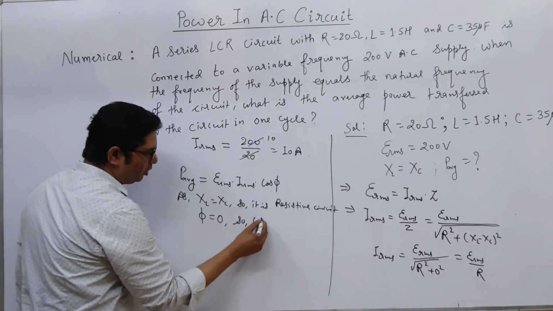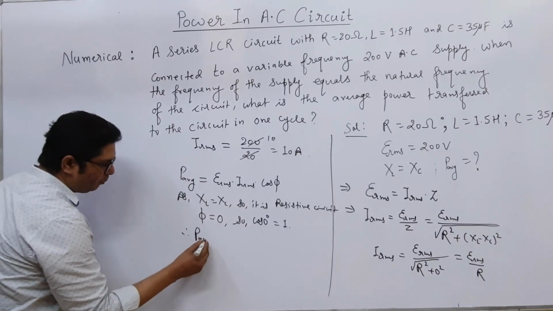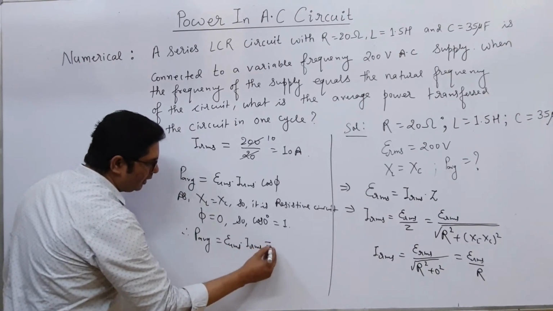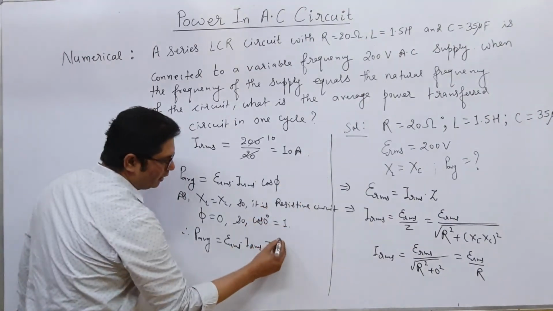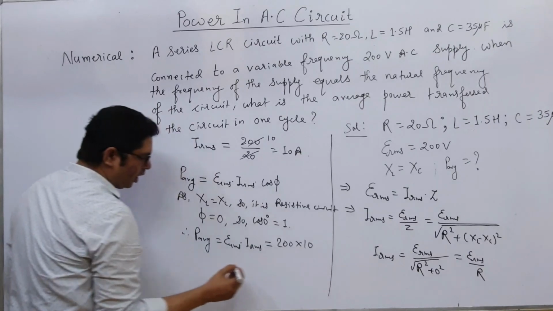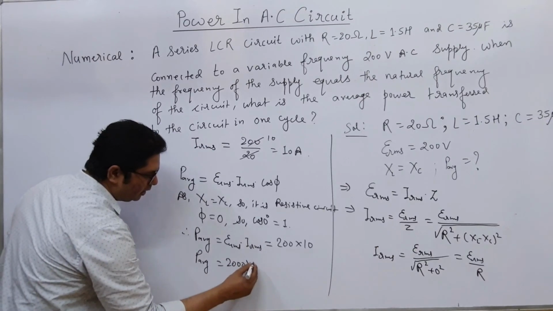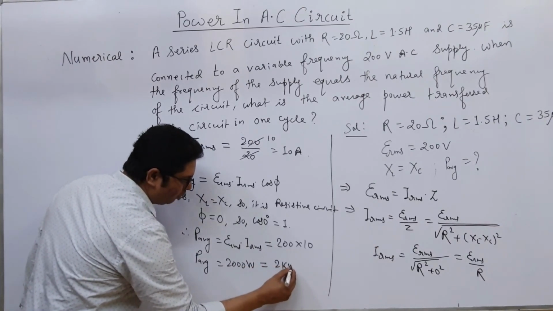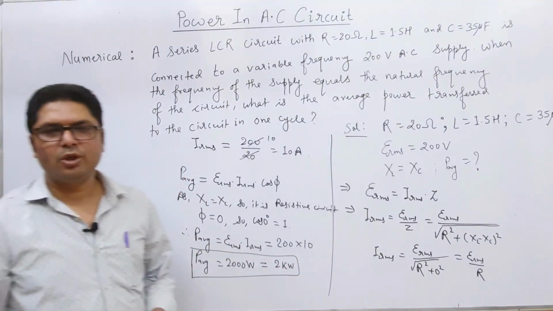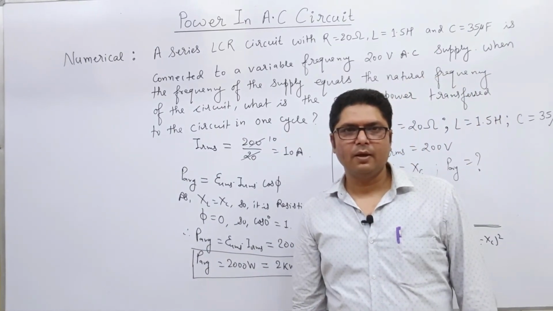So cos 0 degree is equal to 1. Therefore P average is equal to ERMS into IRMS. The value of ERMS is given, 200, and we found IRMS, which is 10. So we have 2000. P average is equal to 2000 watt, which can be written as 2 kilowatt. Thus this is the way we apply the concept of average power in an electrical circuit. Thank you, student.